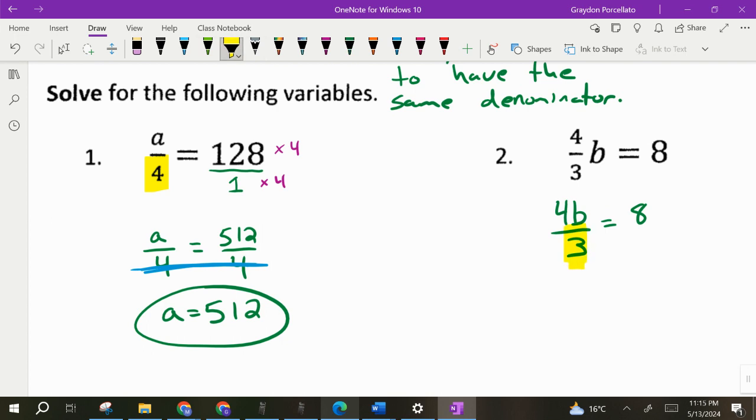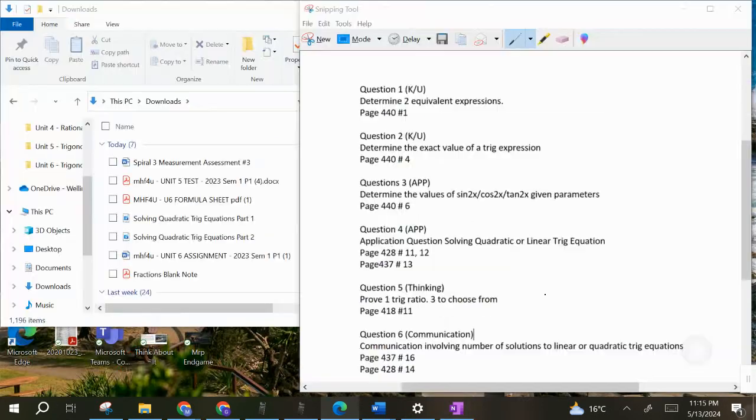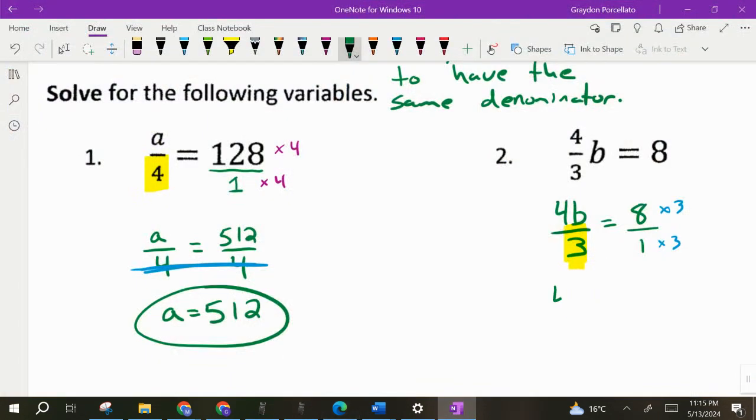So I want everything to have a denominator of 3. So I'm going to write this as over 1. And so we're going to multiply my top by 3 and my bottom by 3. And that becomes 4b over 3 equals 24 over 3.